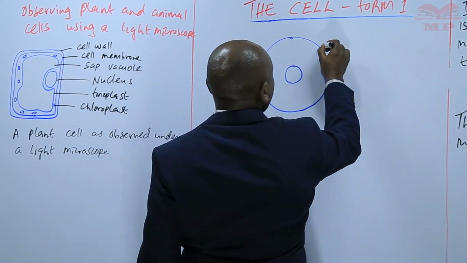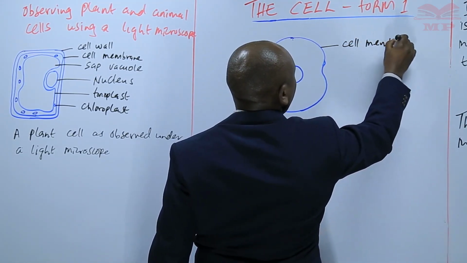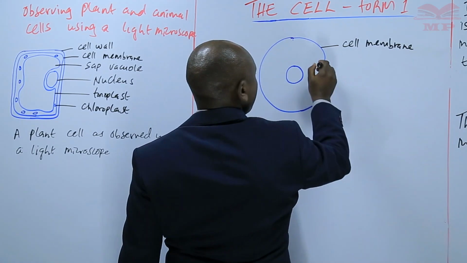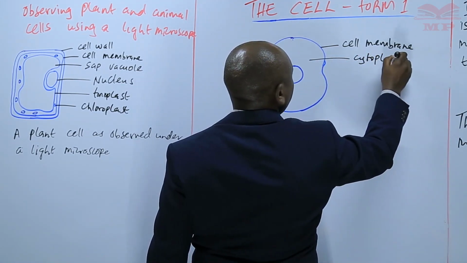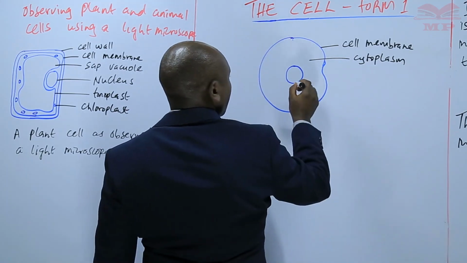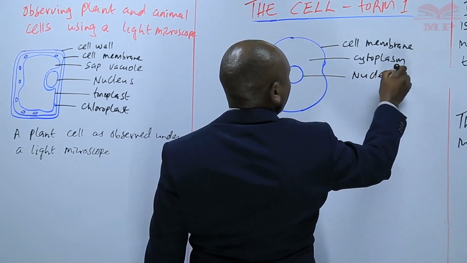So here we only have the cell membrane that is visible, the cytoplasm, and we have the nucleus.